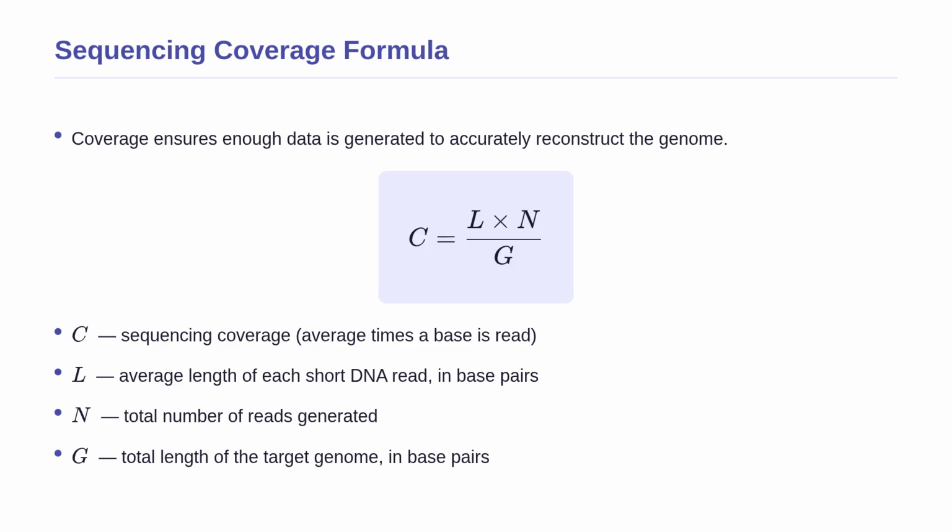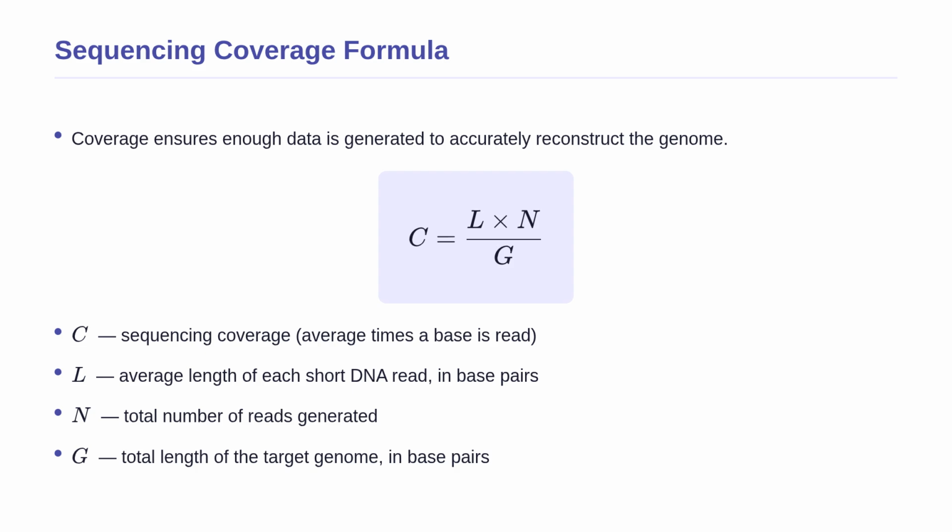This process of reading fragments leads us to an important mathematical question. How do we know we have read enough? We use the sequencing coverage formula. Conceptually, this tells us how many times, on average, a single base in the genome has been read by the machine. In this equation, C represents the sequencing coverage.